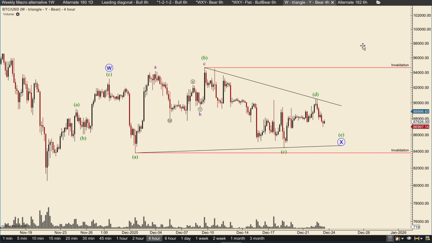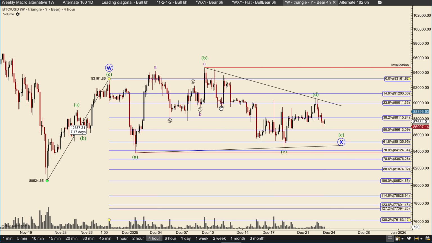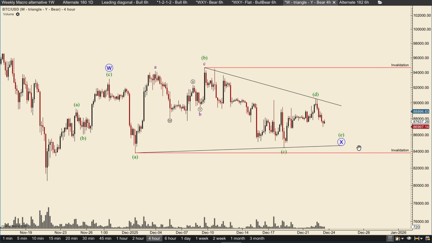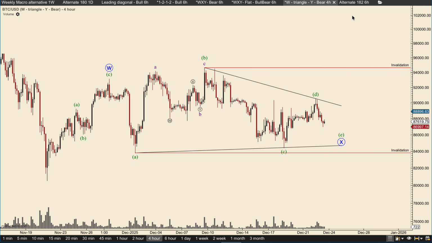This is perfectly viable, and it is important to remember that after this zigzag up, we hit the 70 fib, meaning that it is a lower probability of being a double zigzag, meaning there is a higher probability that whatever comes after this is either a triangle or a flat.